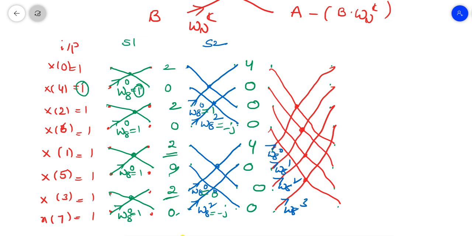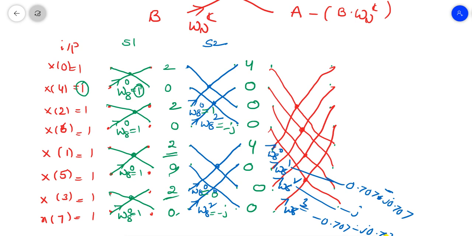Here W8 to the power of 0 is 1, and W8 to the power of 1 is nothing but 0.707 plus j into 0.707, so just remember this value. W8 to the power of 2 is equal to minus j, and W8 to the power of 3 is equal to minus 0.707 minus j into 0.707.